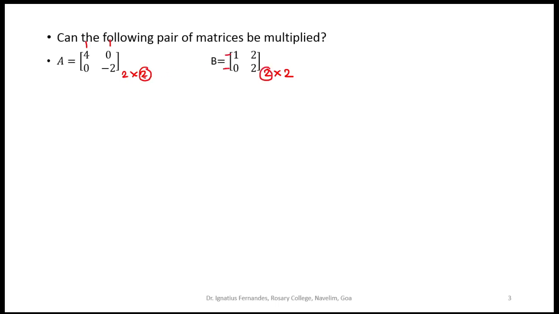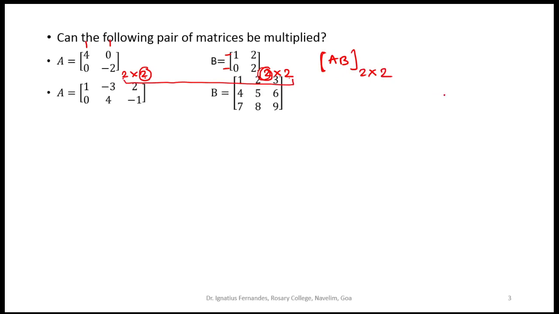So the number of columns here is same as the number of rows. So we say that A can be multiplied to B, and the product that you will get will be of the order 2 cross 2.